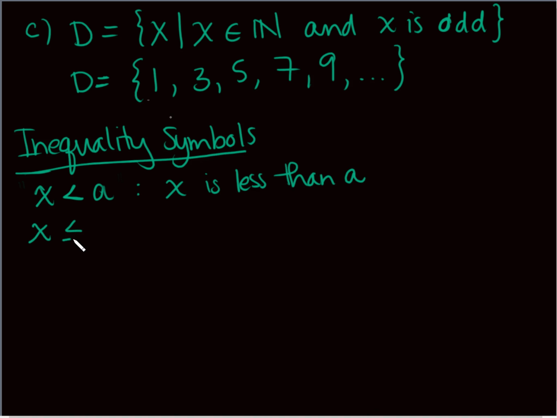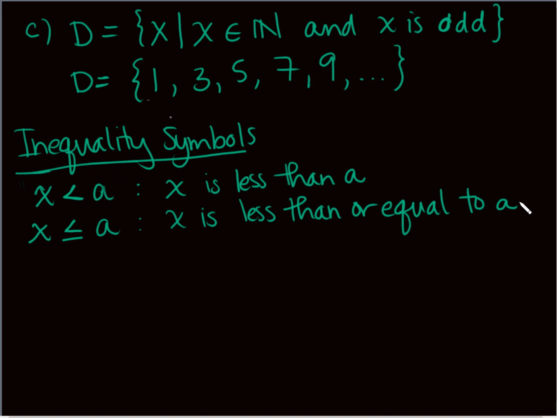If I said this with the line, this is x is, again, less than, because as I read it left to right, the pointy end comes first, so that means less than. But this is or equal to, because of the line underneath. I hope you remember this, but just in case you don't, that's okay. Let's just write this down.